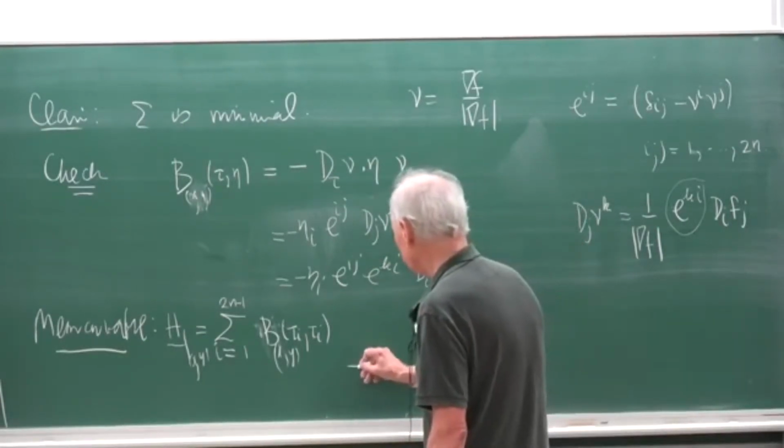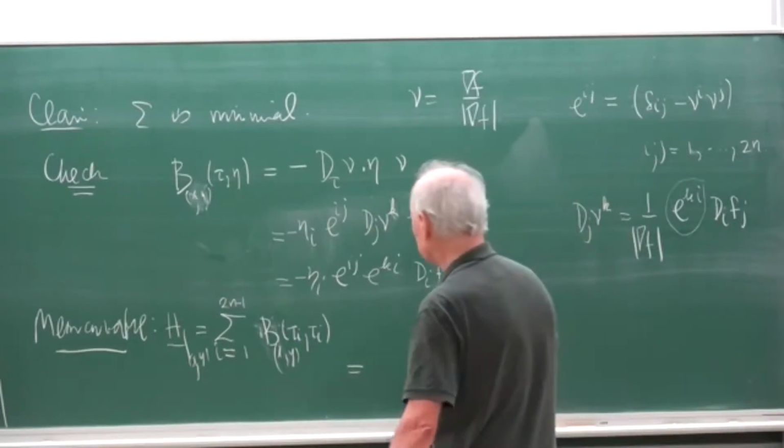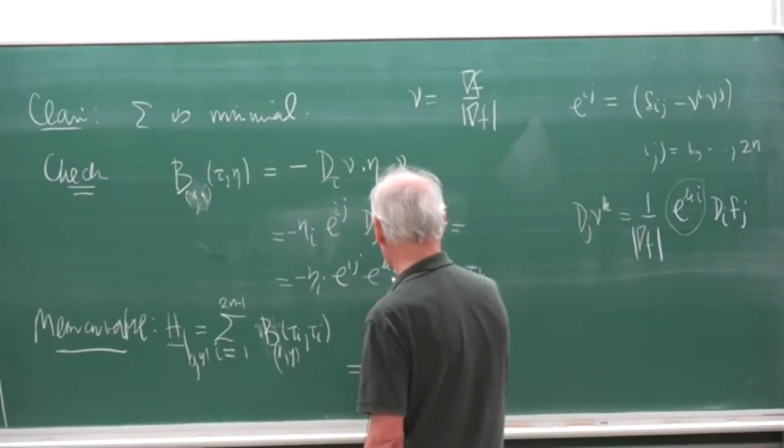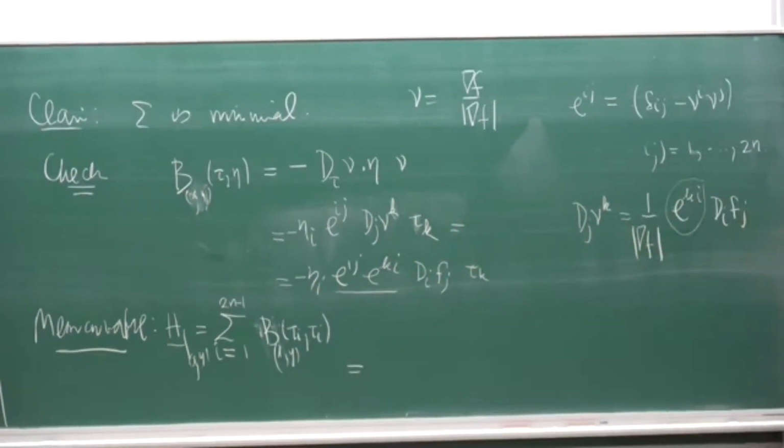And in this case, that turns out to be, let's see, it's E_ij. This is a matrix of an orthogonal projection.